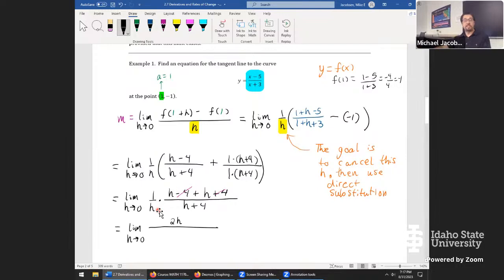We can multiply our denominators together, combining into one overall fraction as h times h plus 4, then cancel here to here, and we're basically there. Would you folks agree? We eliminated that h, it's just gone. At this stage, you can use direct substitution. Let me show it in one more step to really emphasize it.